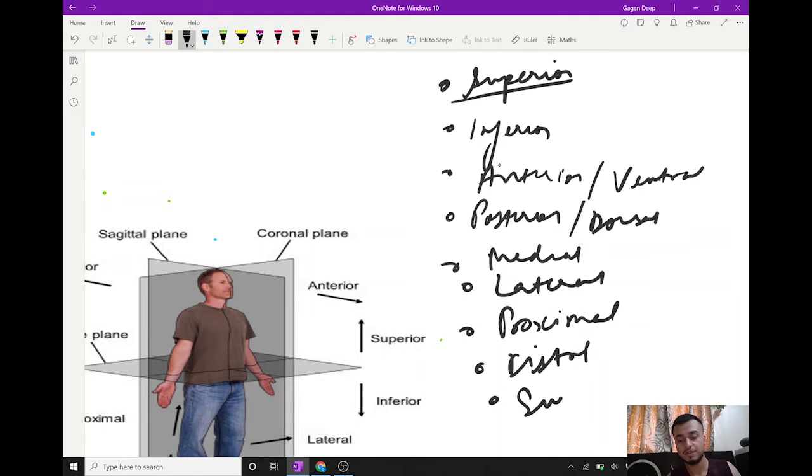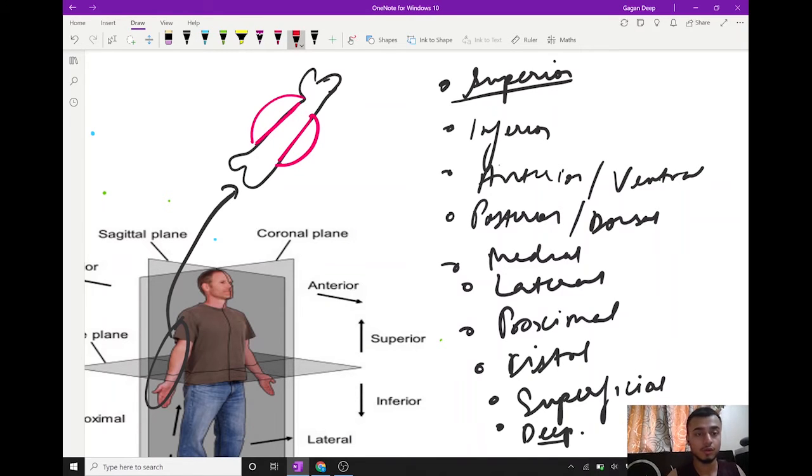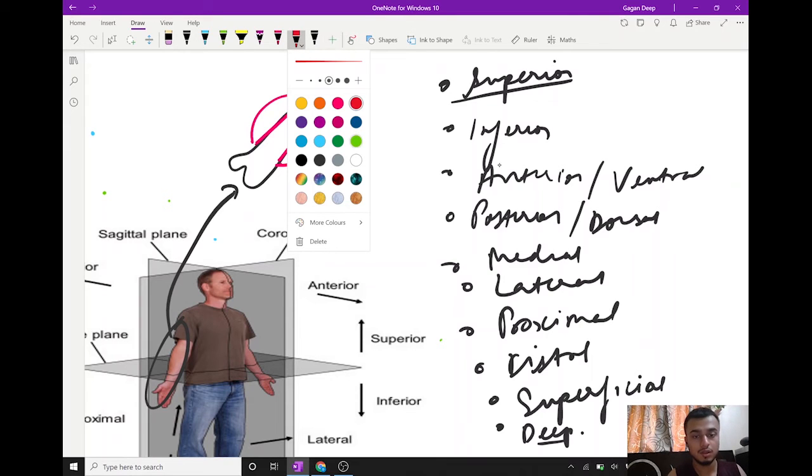Now superficial and deep. What are these? If we talk about this hand, I'll draw it over here. First, what we have is a bone, then a muscle layer on top, then we can have the artery, vein, nerves. I'm not gonna draw it. I'll just draw the skin over here.